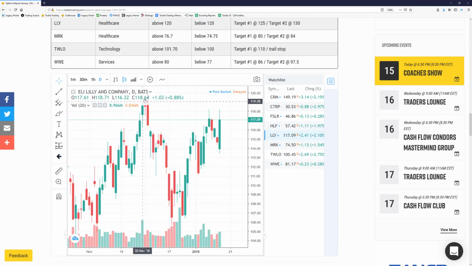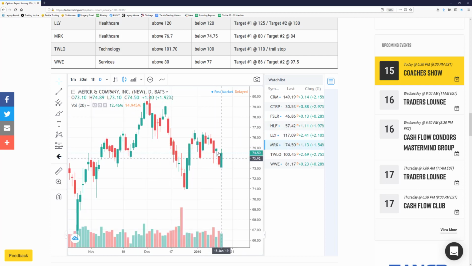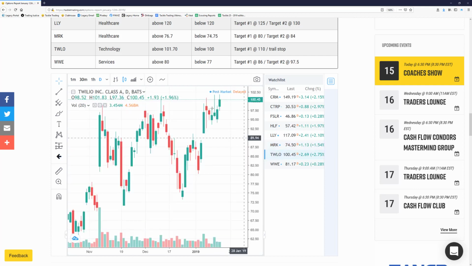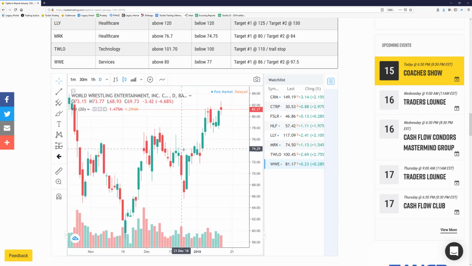Lilly, little break of 120, not there yet. Merck forming a little bit of a bullish retracement, upward movement in price. This candlestick pattern is what is called a bullish engulfing candlestick pattern. High probability candlestick pattern to drive the market back up. Twilio here, good little breakout on Twilio. And then we have also WWE, breakout continuation.